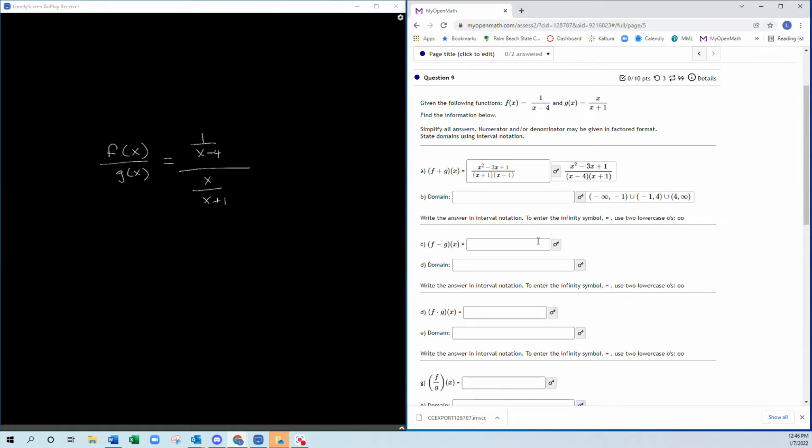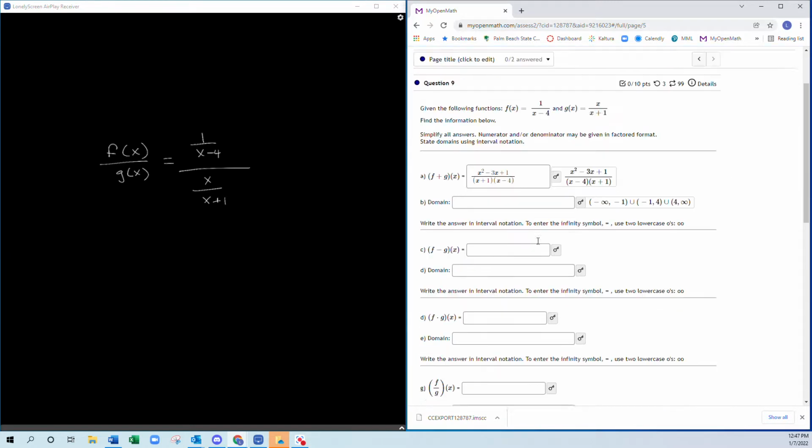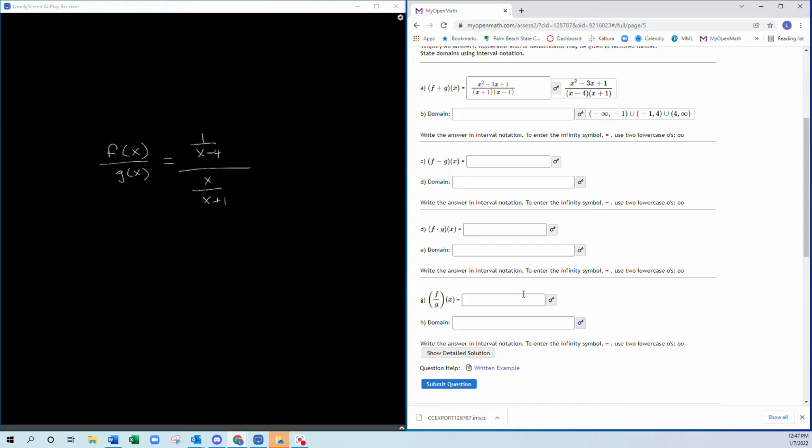I can write it as a complex fraction like this, or you could write it as f of x divided by g of x. If I write it this way, I think you might like it a little bit better, but what that means is the entire g of x cannot be 0 in the denominator.